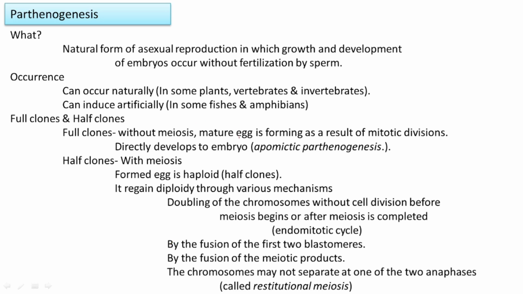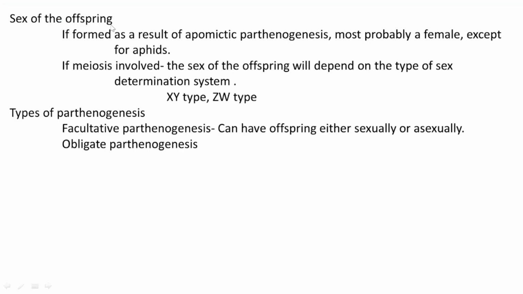Next, we are going to see the sex of the offspring. Whether the offspring formed through parthenogenesis is a male or a female? If the offspring is formed out of apomictic parthenogenesis, that is, full clones, there's only the probability to become a female.